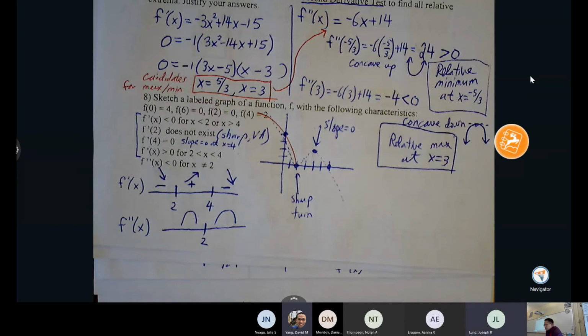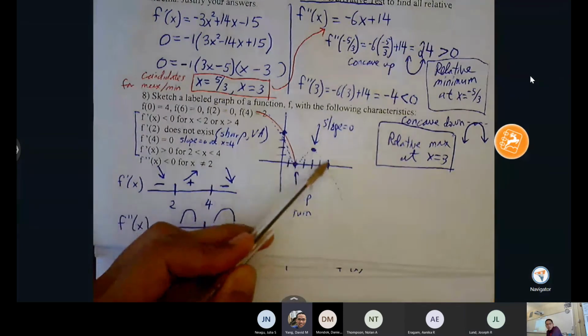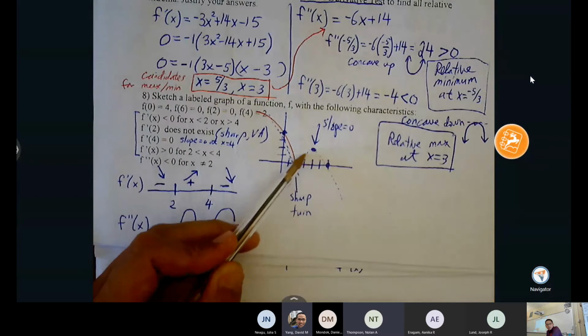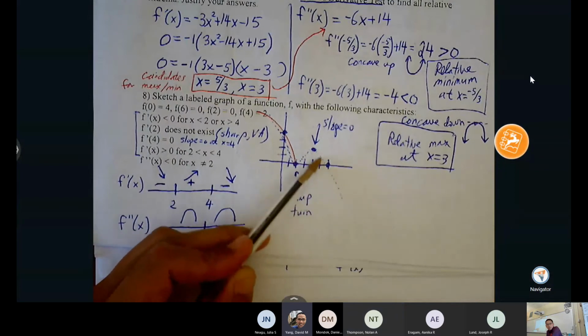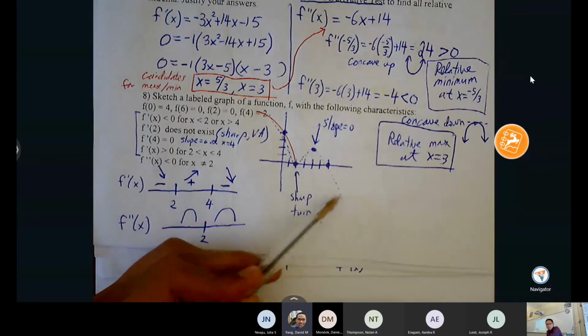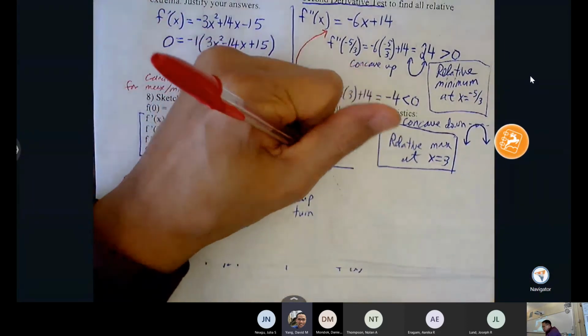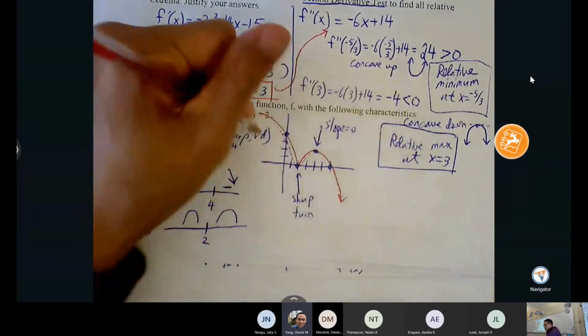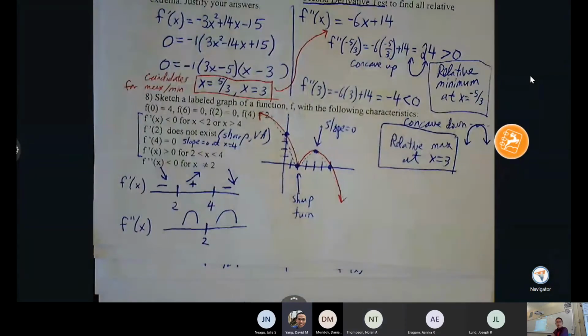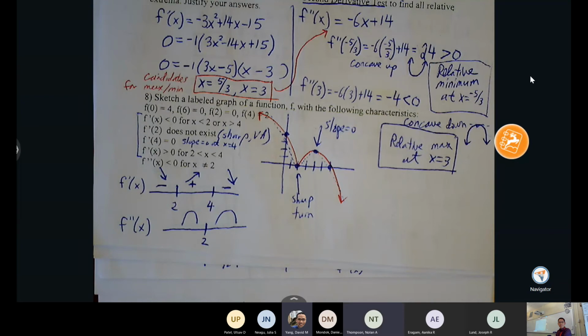Yeah, still concave down, but it's going to have to follow the rest of this path. But I can make it a matching curvature with what I want, right? So sharp turn still, slope 0, and it looks like my graph is going to fit nicely there. Okay, any questions there?